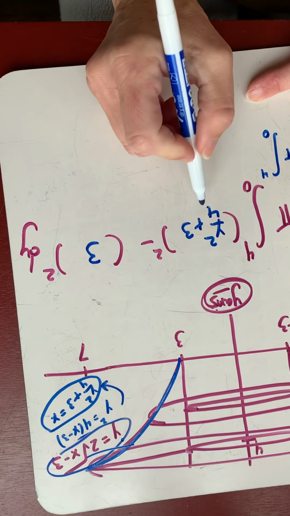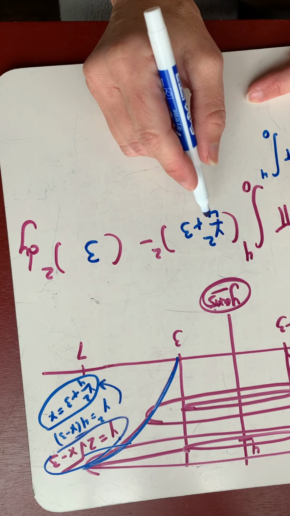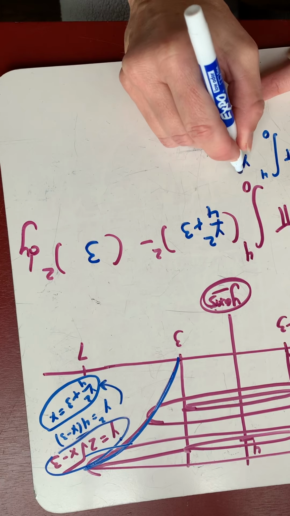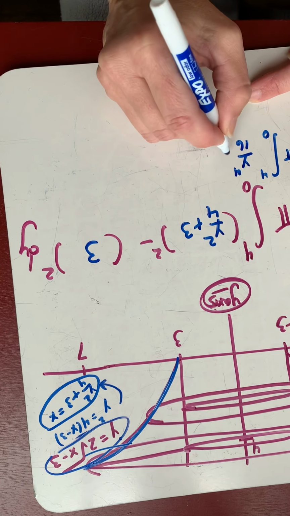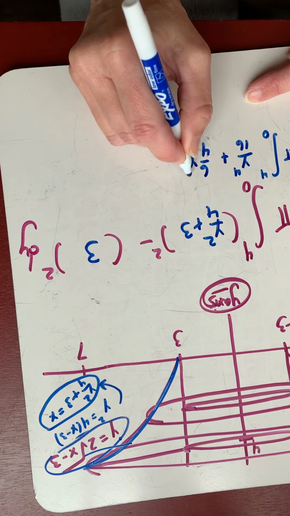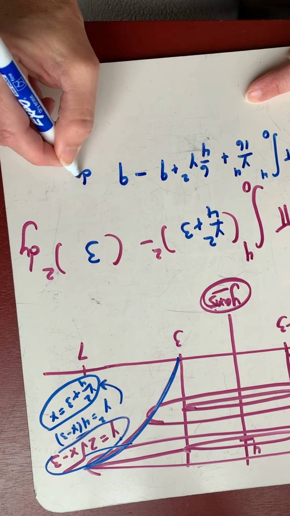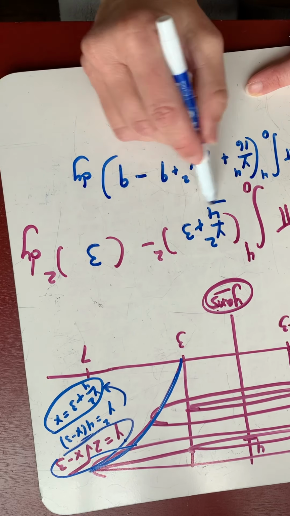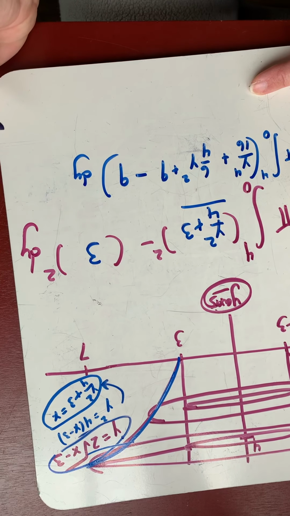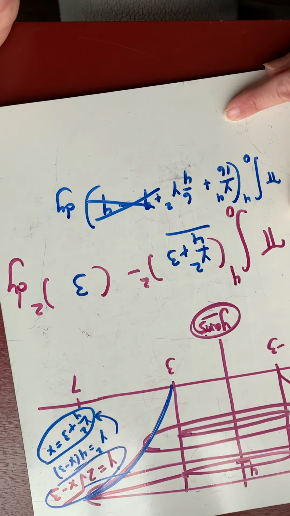Let's clean this up. Now I'm probably going to mess up, but we're going to have y to the 4th over 16 plus 6/4 y squared plus 9 minus 9 with respect to y. I think I have that foiled correctly. They're going to cancel before I even start.